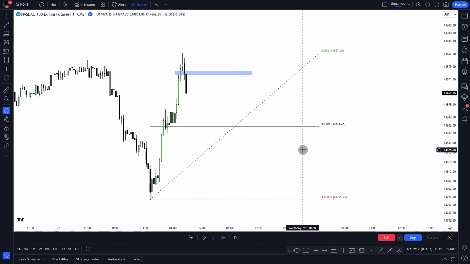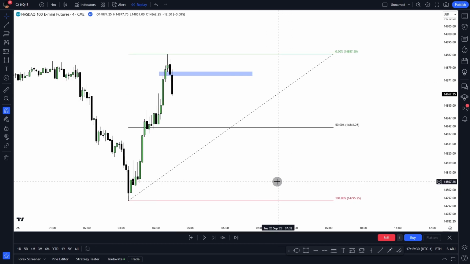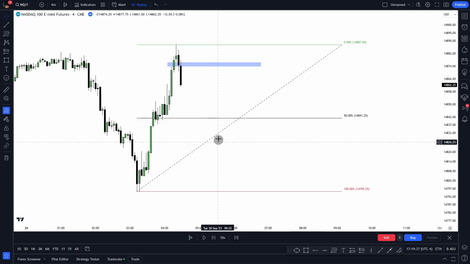Okay, and that is because below the 50% level, there's a higher probability of price going up. And above the 50%, there's a higher probability of price going down. Okay. So generally speaking, you always want to be looking for shorts above the 50%. And you always want to be looking for longs below the 50%.